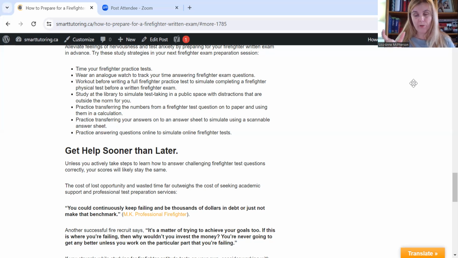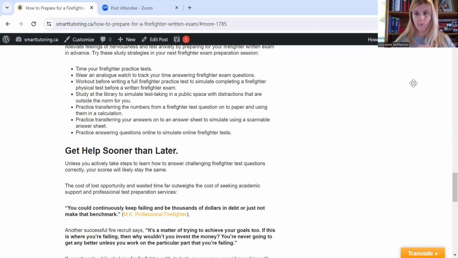Like you could be in a room with 300 people writing the same test, if it's a big application pool, or if it's a big recruitment. So be aware of that. And I think that's important because if you haven't been in a classroom that has 300 people in it, it's something to look at, so be aware of that.